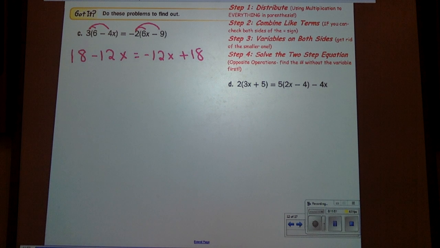You might notice something here. If not, we have variables on both sides, so we're going to add a 12x to both sides. We're going to cross off on the left and on the right, and we're left with 18 equals 18. So now remember, when they do equal each other, this is when we say there's an infinite number of solutions.